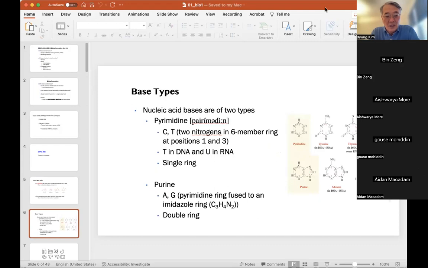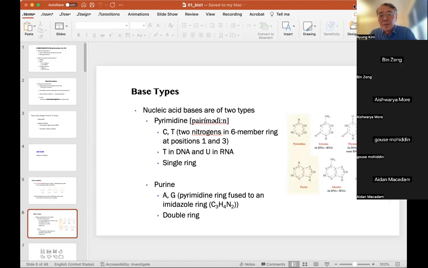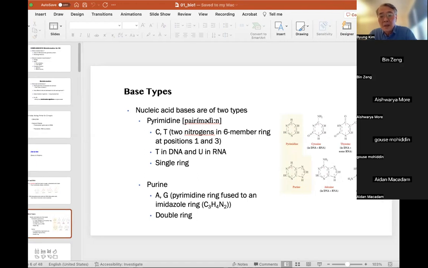Pyrimidine is C and T. When it is in a DNA sequence, it is a T, but if the same base is found in RNA, then you have a slight difference in the chemical composition, and it's called a U. So T and U are basically the same.